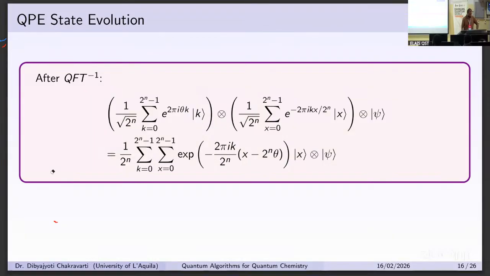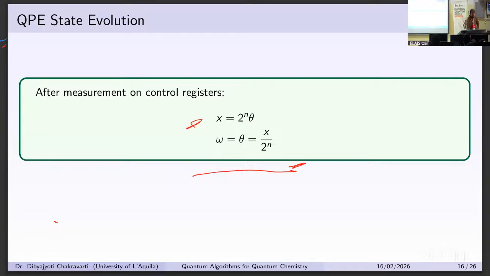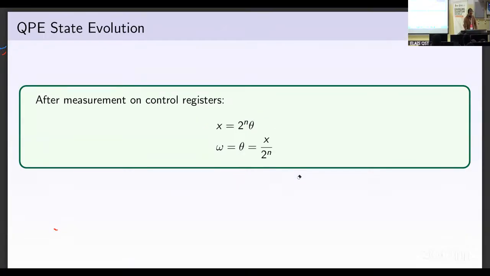Okay, so we have to convert from K to the basis of X by Fourier transform, but in reverse. So finally, what we get from QPE is this. This is our final phase, and after measuring the control register, we get our omega as what we read out divided by 2 to the n. So basically, this is just converting the binary to a decimal form.